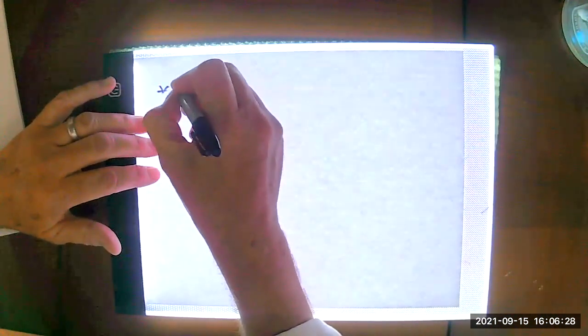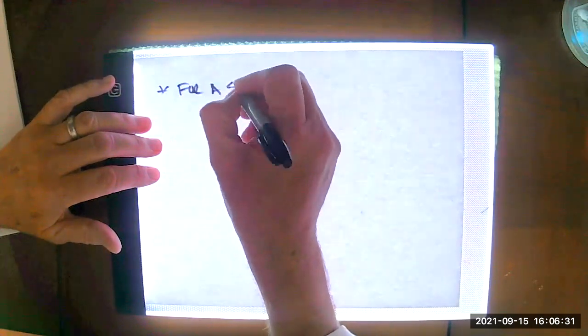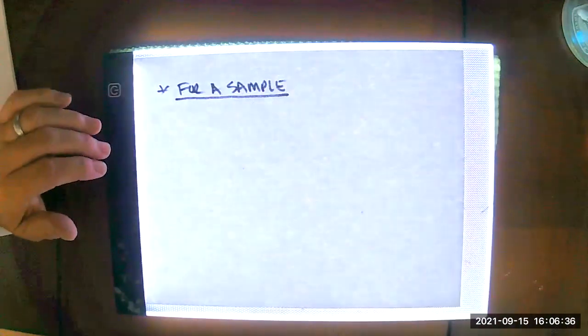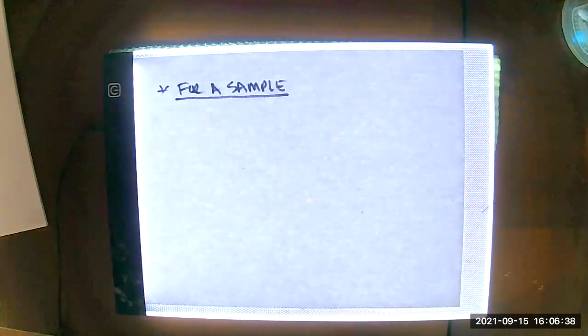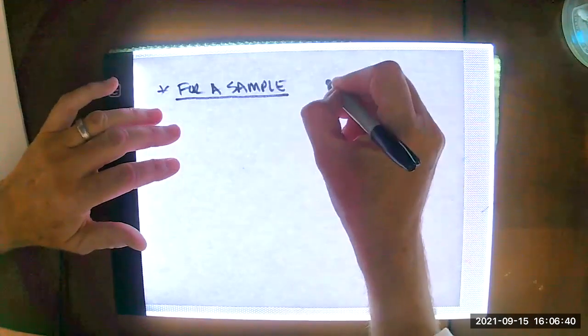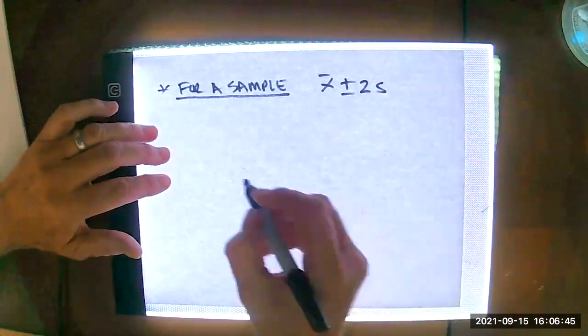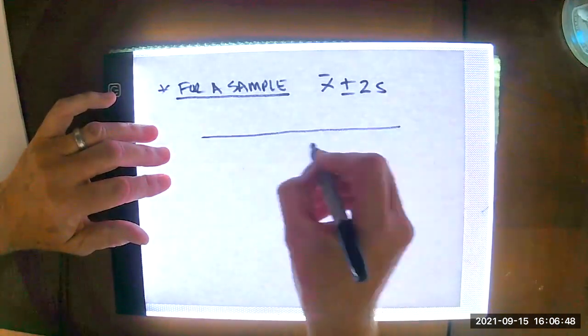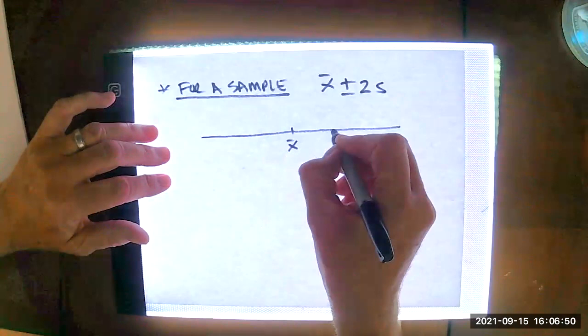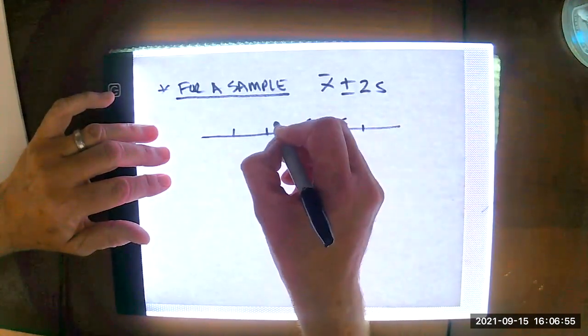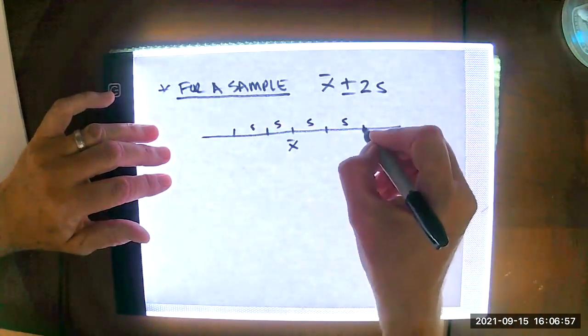Before I do that, I'm going to put a couple of formulas up here. These are the ones that we use from here on out, really. We use this little formula quite a bit in a couple of different contexts. For a sample, we have x bar plus or minus 2s. In terms of a number line, x bar is in the middle. You have steps up and down of 1 standard deviation for each step.